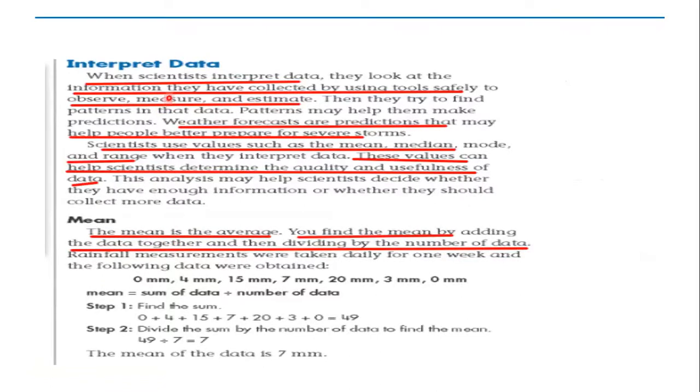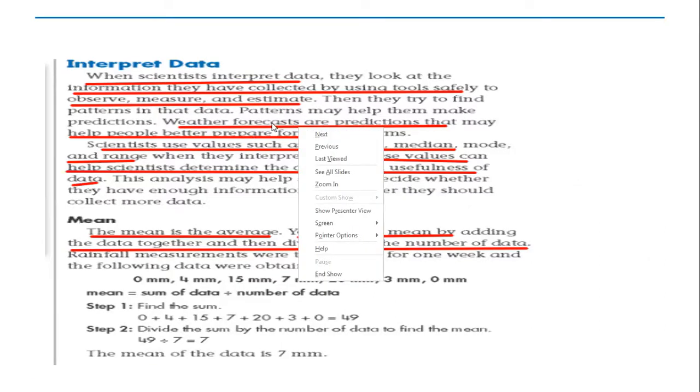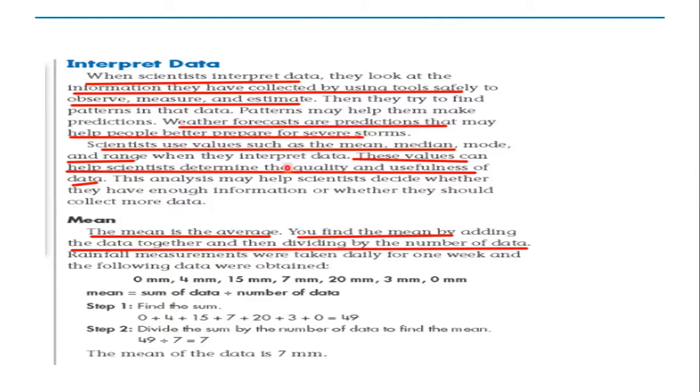Interpret your data. When scientists interpret data, they look at the information they have collected by using tools safely to observe, measure, and estimate. Weather forecasts are predictions that may help people better prepare for severe storms.